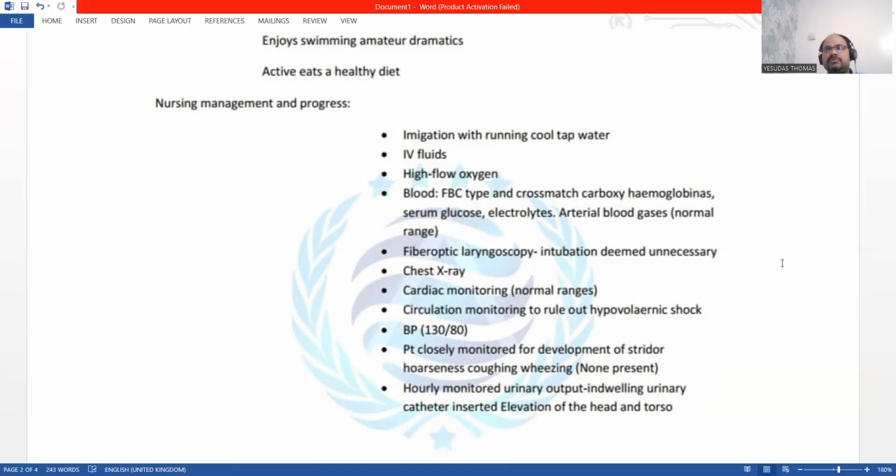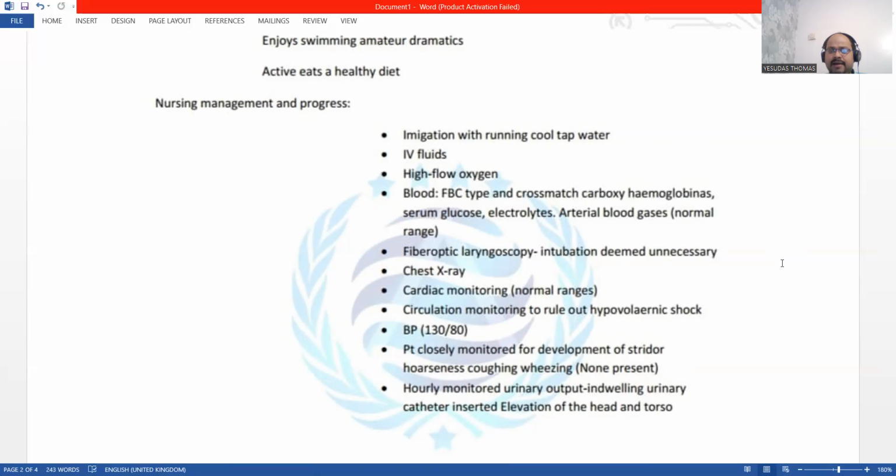So we have to supplement him with IV fluids in order to maintain his fluid balance, so we have rehydrated him. Next is irrigation with running cool water. We used tap water and irrigated the wounds.